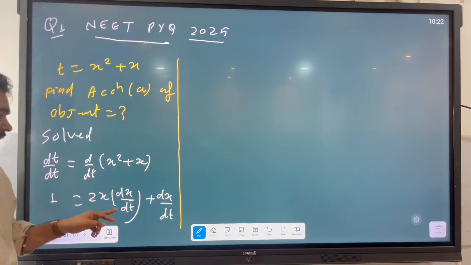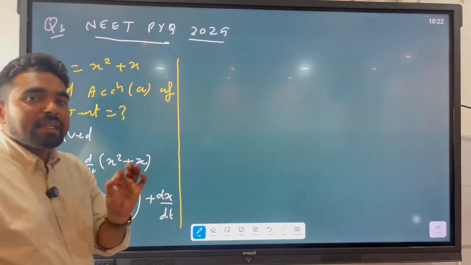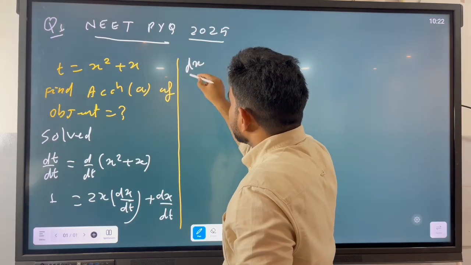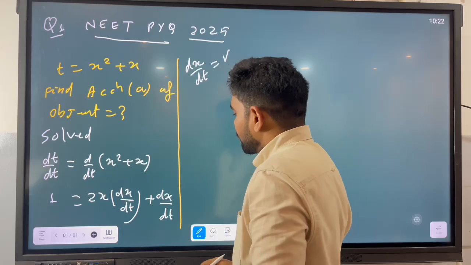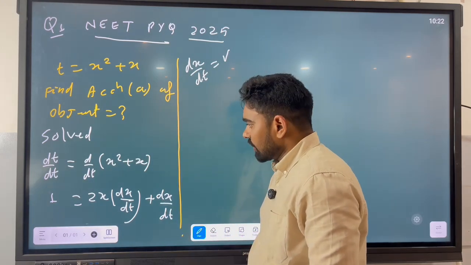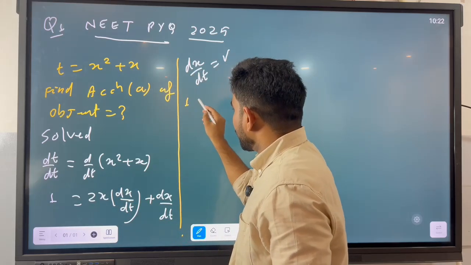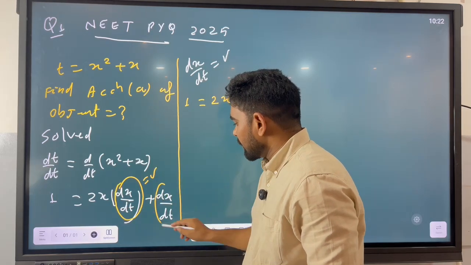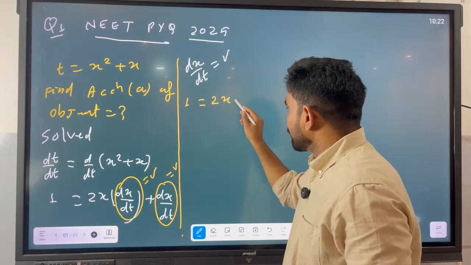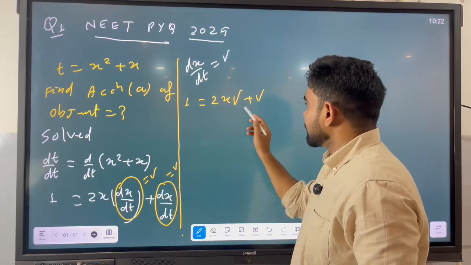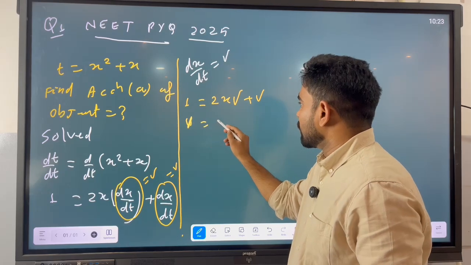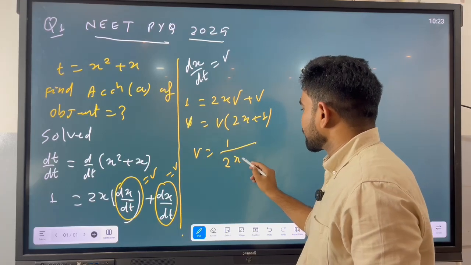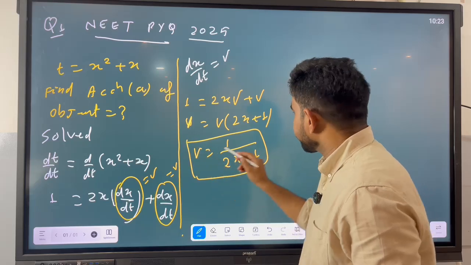The differentiation of x with respect to time is dx divided by dt, and dx divided by dt is the velocity of the object. Put the value of velocity: 1 equals 2xv plus v, and v is a common factor, so 1 equals v times 2x plus 1, and v equals 1 divided by 2x plus 1. This is the value of velocity.